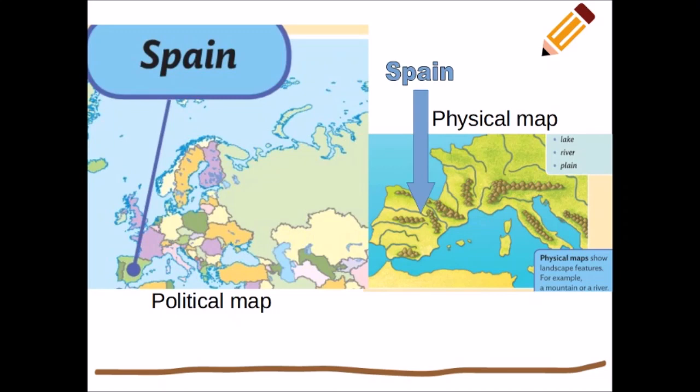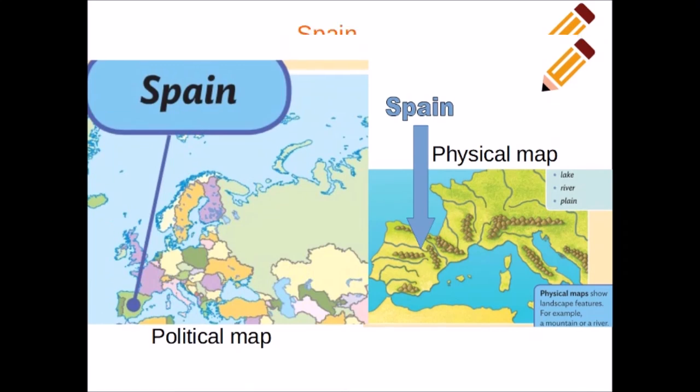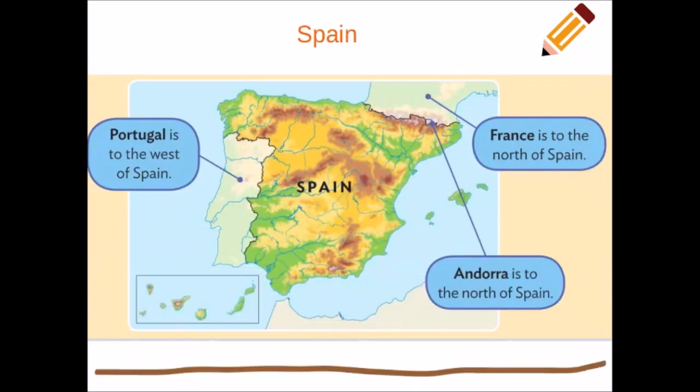So making sure that we know Portugal from Spain, from France, from Italy. While in the physical map, we're not worried about that. We're looking at the rivers, we can see where the mountains are. And I've identified Spain.